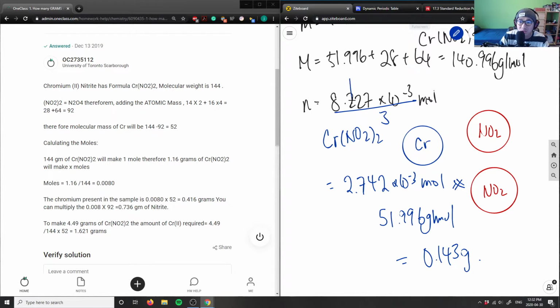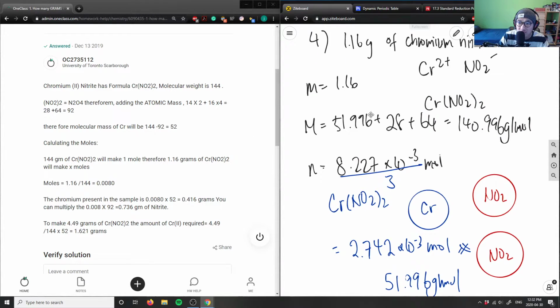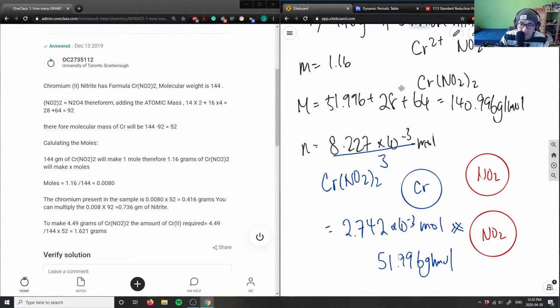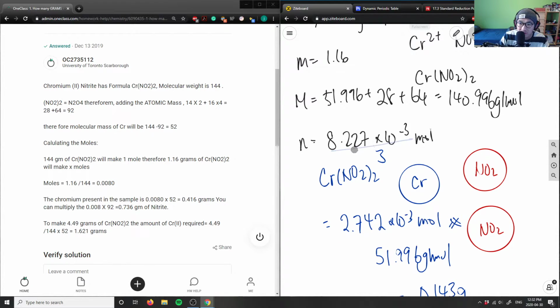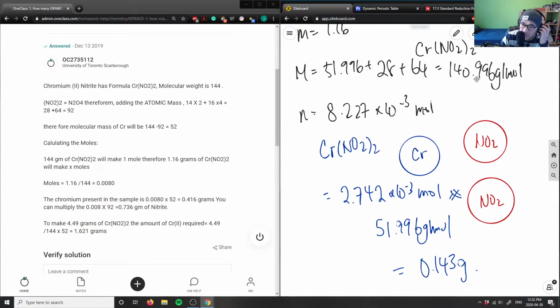So they have the moles here, and they're actually just converting it back into mass. They're not even dividing by 3 here, they're simply multiplying by the molar mass to get the mass here. So actually, I don't think you have to divide by 3 here.